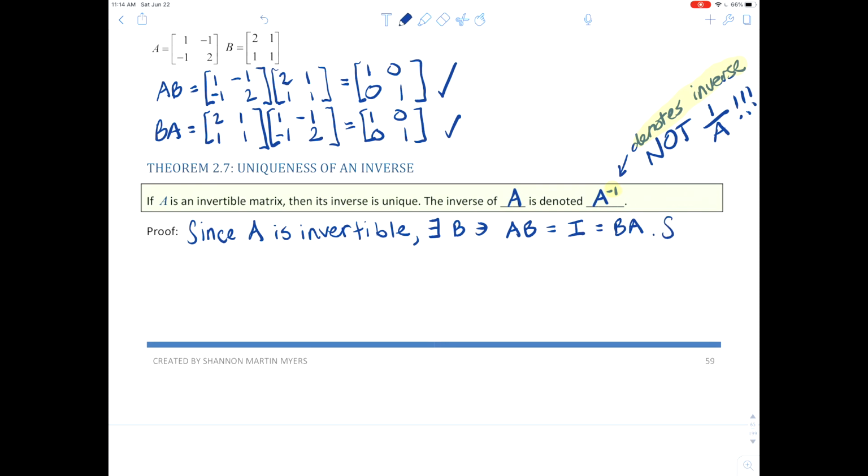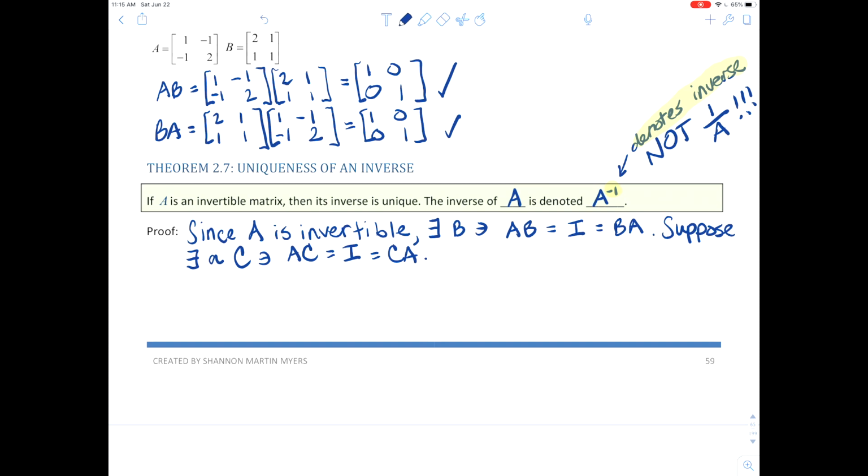All right, let's now suppose that there exists a matrix C such that A times C is equal to the identity matrix, which is equal to C times A.